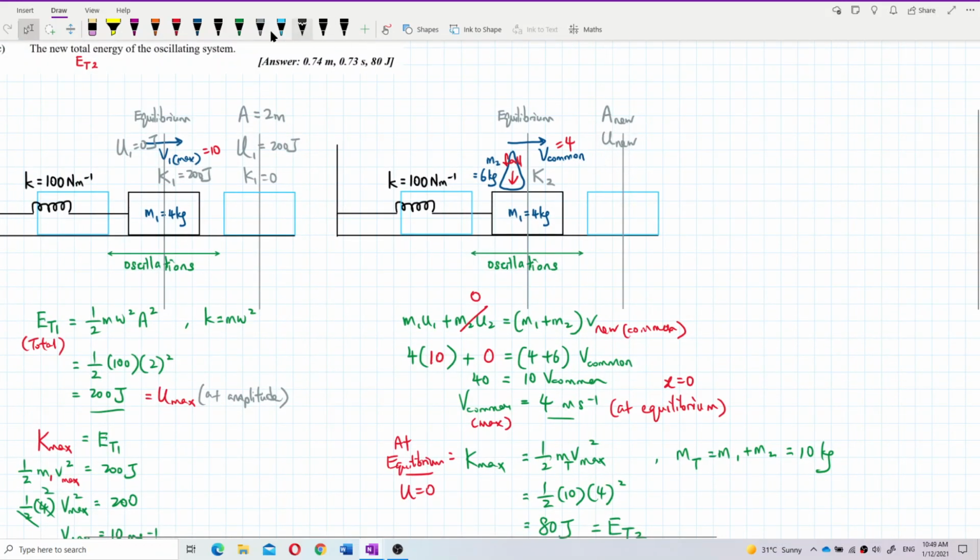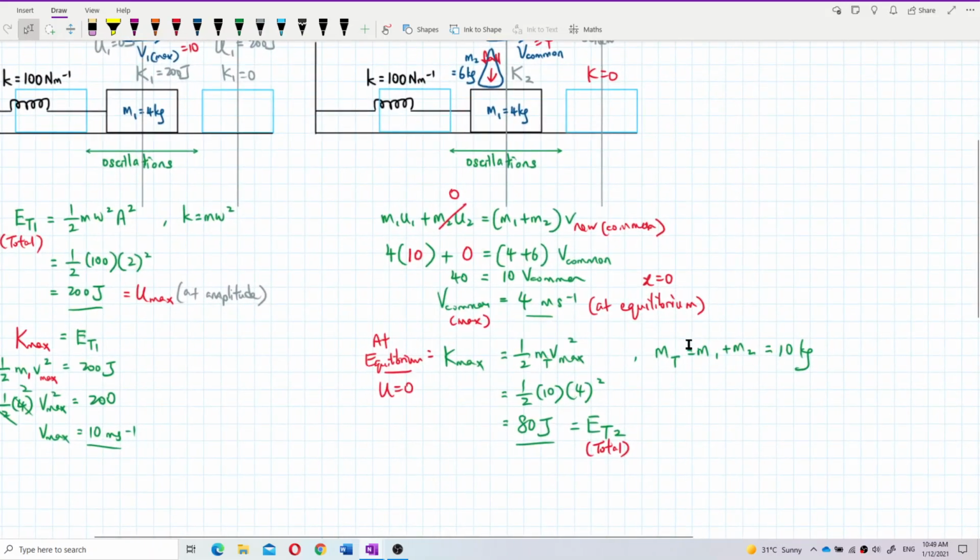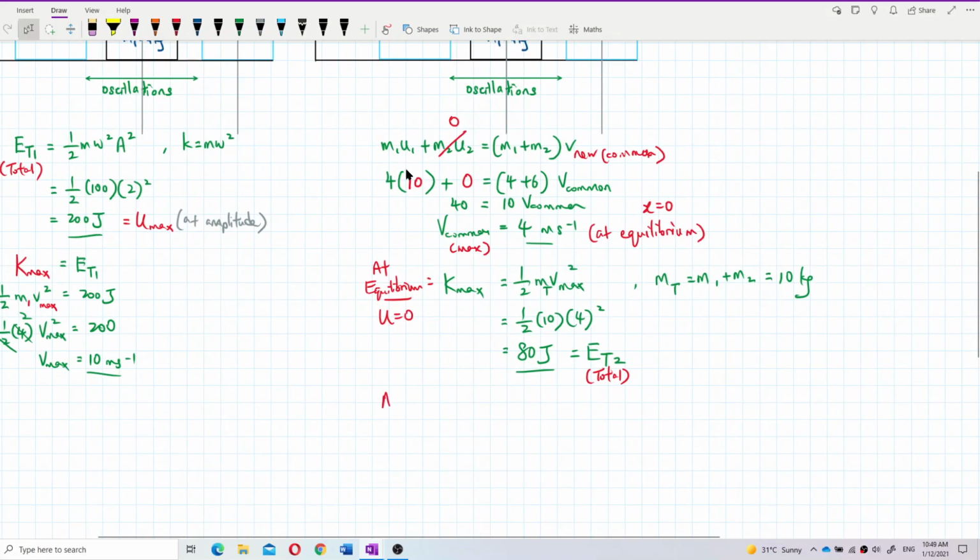We know at amplitude, the kinetic energy here is 0, right? Because all the kinetic energy changed to potential energy. So now we do it for at amplitude.